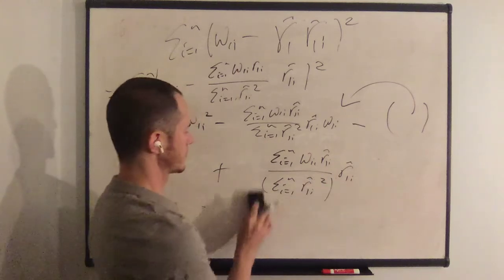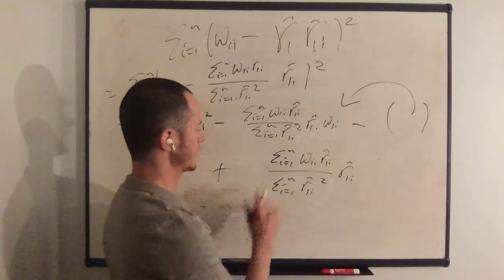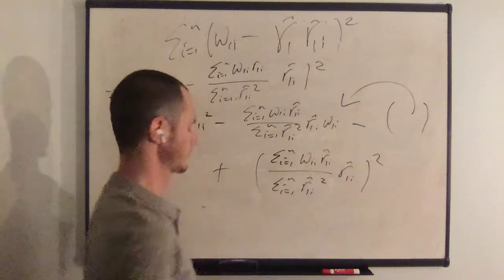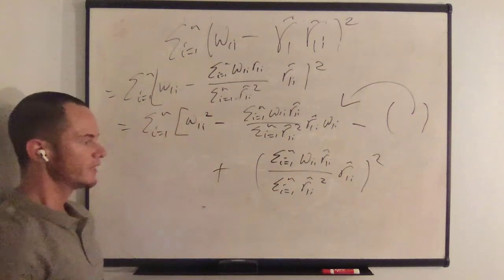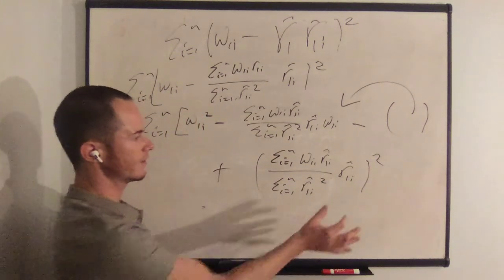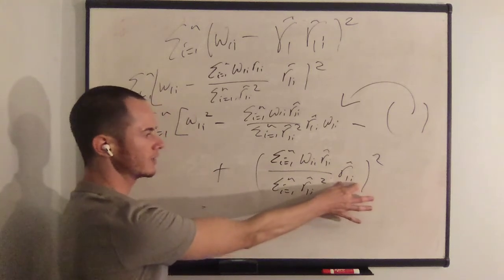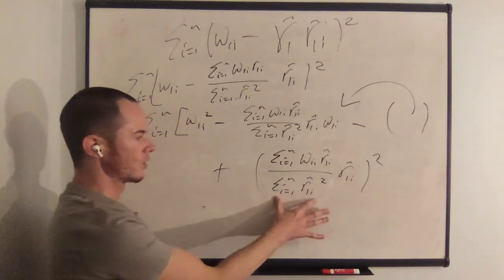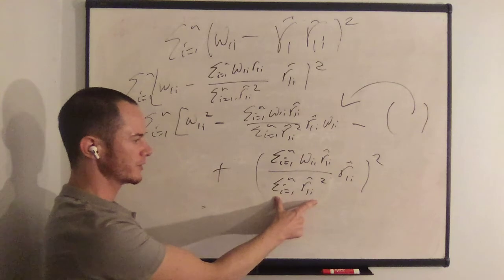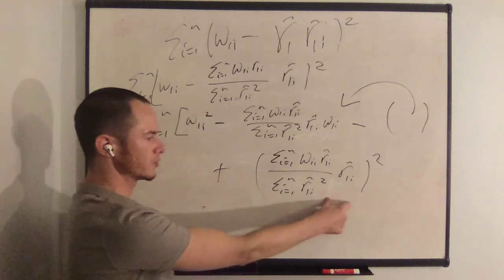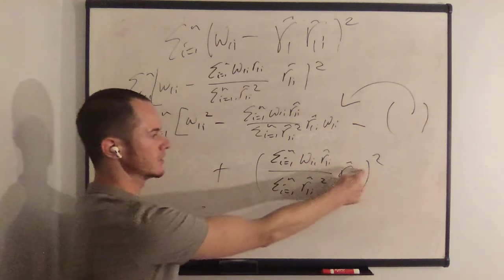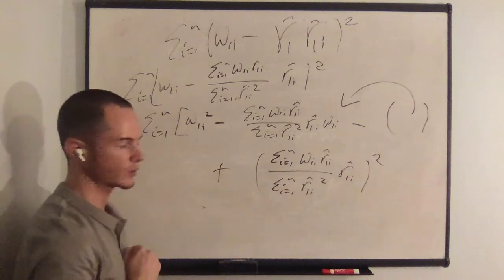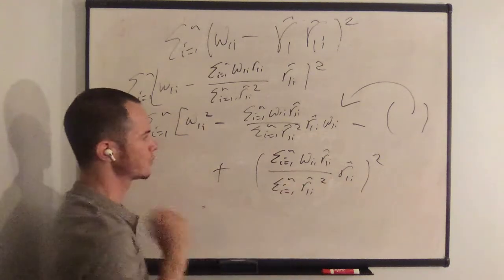Let's not distribute the power just yet. When we distribute the power, you're going to see that we have the sum from i equals 1 to n of r1i hat squared over the sum of r1i hat squared times the sum of r1i hat squared, and those are going to cancel out. You're going to be left with just 1.